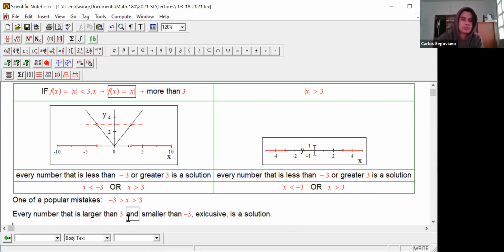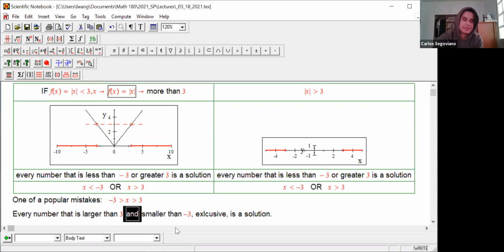In this one, the person would be saying that they would be including the numbers that are in between -3 and 3, right? Like 0. Does such a number exist? Can you give me a number that's larger than 3 and smaller than -3 at the same time? The key word is and.